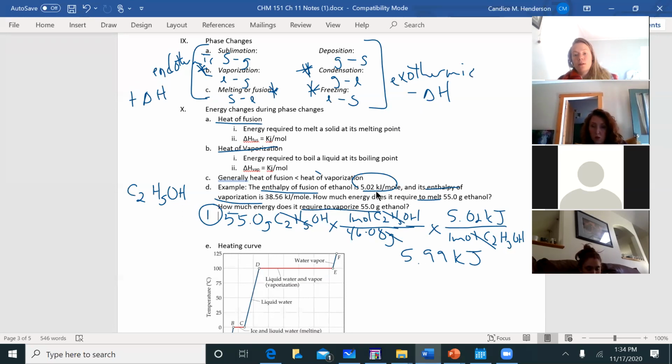Okay, so we have 55.0 grams of ethanol, but we're going to now take it from liquid and put it into gaseous form.